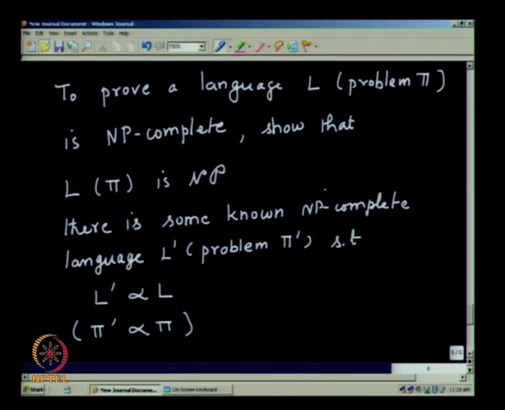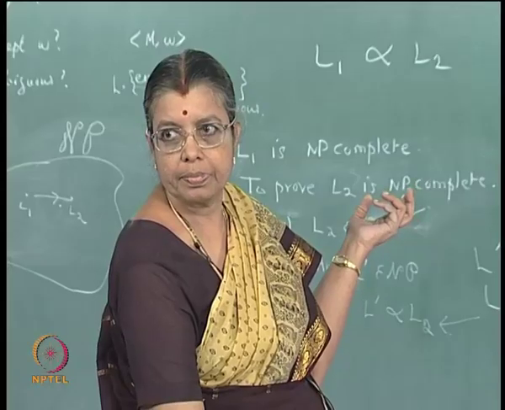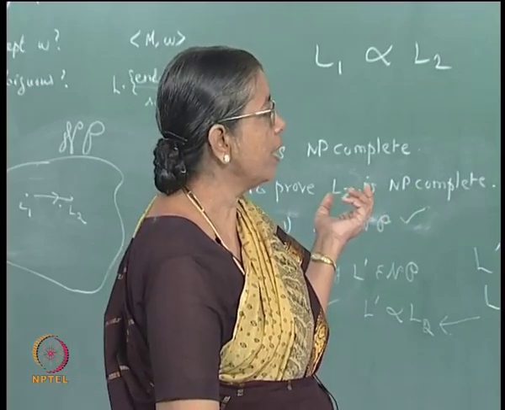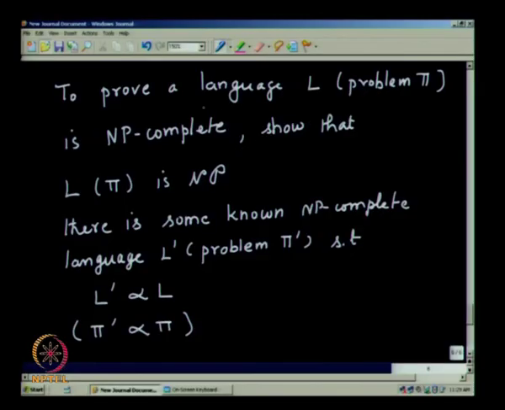There is some known NP complete language L dash such that L dash can be reduced to L in polynomial time. As a problem, a problem pi is said to be NP complete if pi is in NP and there is some known NP complete problem pi dash such that pi dash is polynomial time reducible to pi.